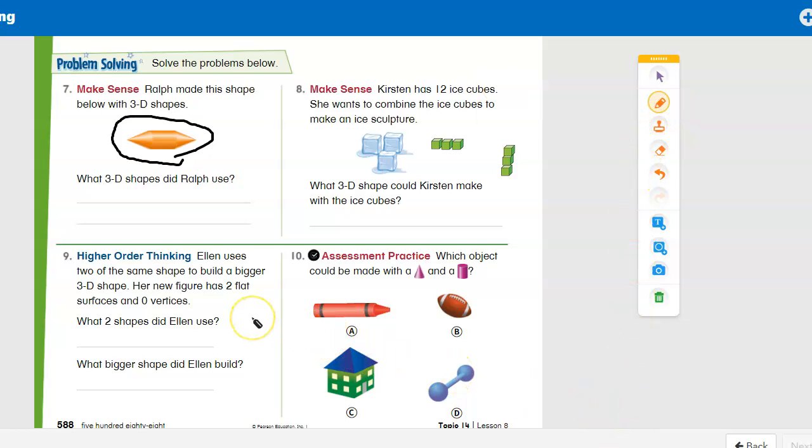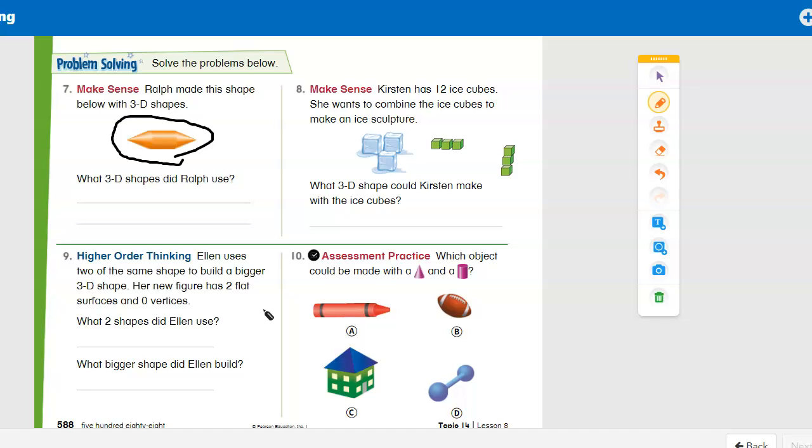Number 9, it says Ellen uses 2 of the same shape to build a bigger 3D shape. Her new figure has 2 flat surfaces and 0 vertices. What 2 shapes did Ellen use? And what bigger shape did Ellen build?